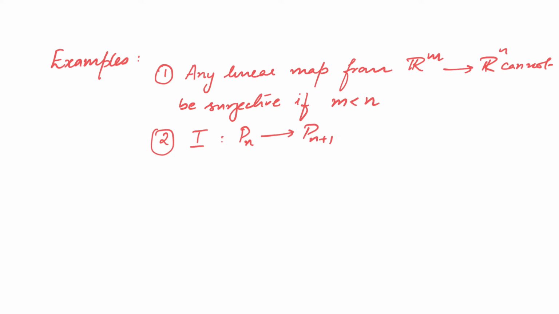Moreover, dimension of Pn is strictly less than dimension of Pn plus 1. Therefore, this map cannot be surjective. Once again, notice that we have used only the linearity of this map and not the definition of integration. And this again is very interesting. Moreover, this might also seem a little surprising.